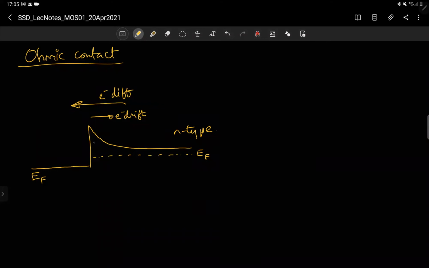Okay, but there is another mechanism where current can flow, not only this electron diffusion and drift, which balance each other. That is the problem we have, because this electron drift can only be suppressed and only diffusion current can dominate when the applied voltage is close to the cut-in voltage. So either you should be very close to the cut-in voltage or increase the voltage beyond it. Only then will the electron drift almost be suppressed and only electron diffusion be there, increasing with voltage exponentially.